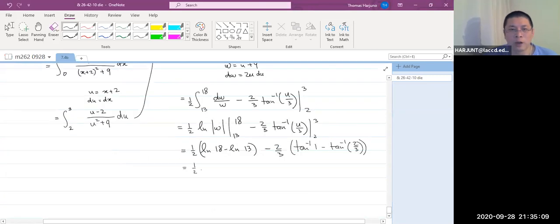That's 1/2 natural log of 18/13 minus 2/3 pi/4, minus pi/4 plus 2/3 tangent inverse of 2.